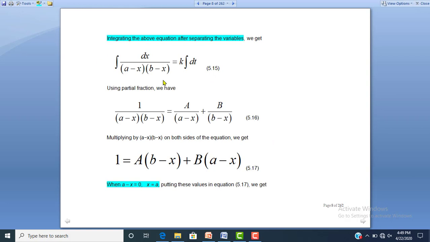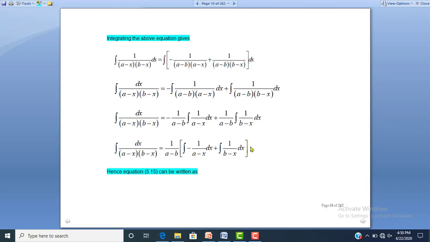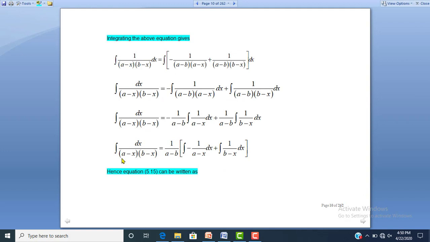If you see the left hand side of this equation 5.15, that is integration of dx over A minus X into B minus X, it very much resembles this part.